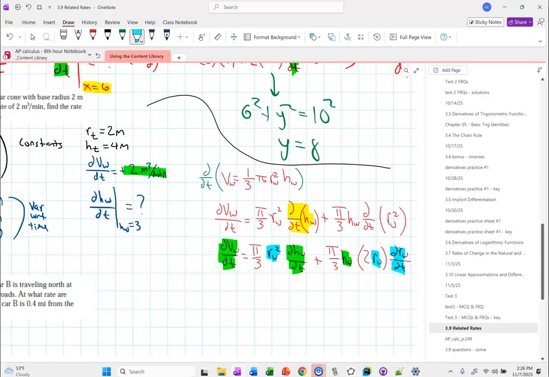We have done something, but we failed to do something because we do not have any information on RW or DRW dt, and we have no means of collecting that information from the information that's given to us.